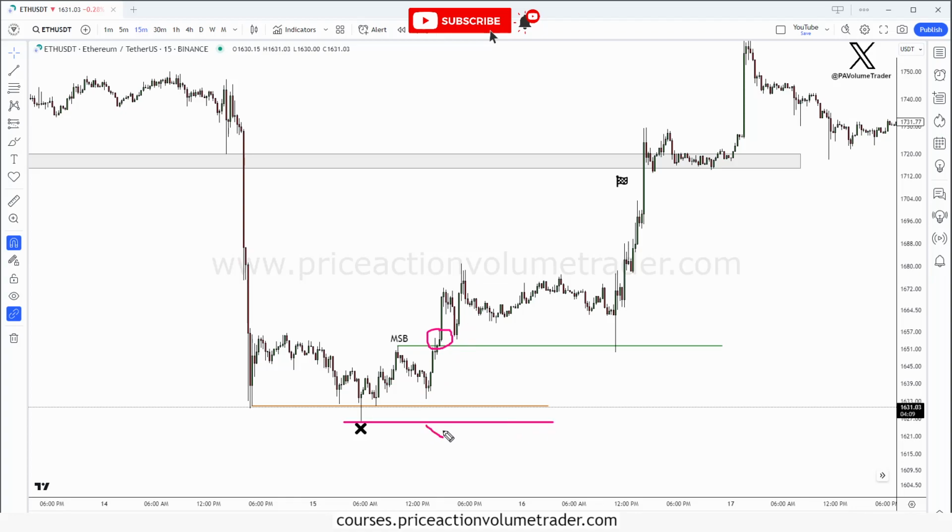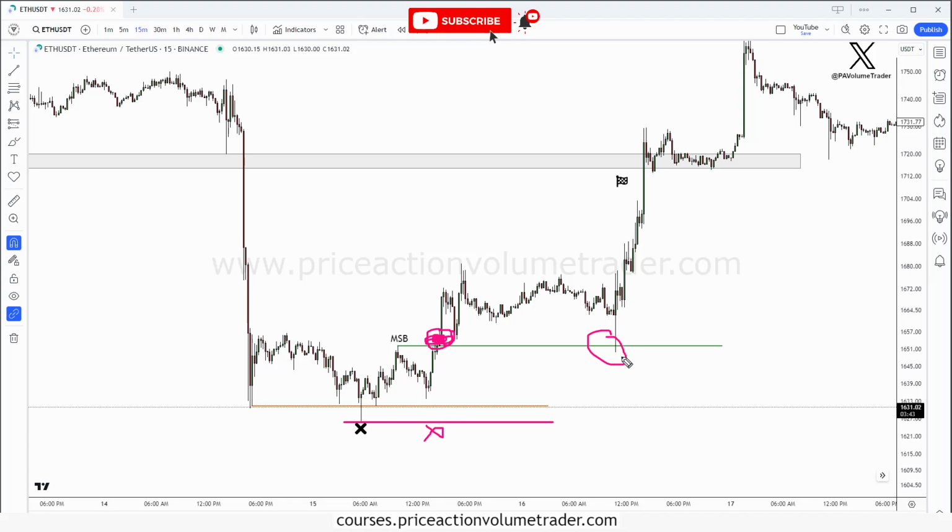We have our clear invalidation or stop loss below the sweep. And so now we have two scenarios here. We could either go long right on the break here with our stop here, or we can wait for this level to get retested, which you can see happened on this quick wick here.